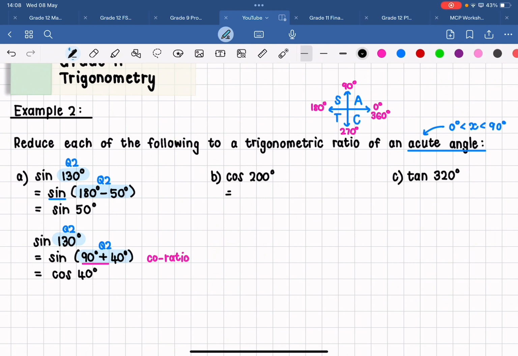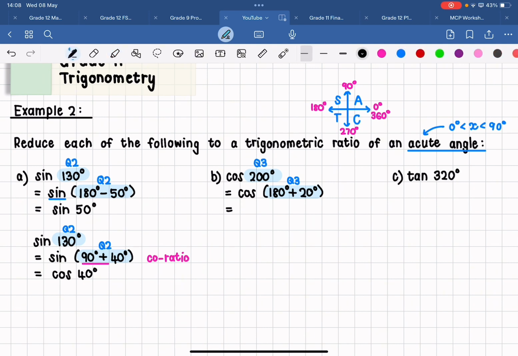And now we are basically just going to apply the same method to all of the others. So cos 200 degrees, 200 I'm going to rewrite as 180 degrees plus 20 degrees. I need to remember which quadrant this is in. 180 plus 20, 200 degrees, this is in the third quadrant. Take note again that what I have now put in brackets is equal to the original angle that was given.